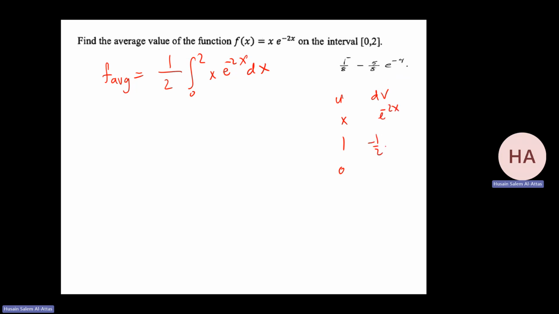That will be minus half e to the minus 2x and 1 over 4 e to the minus 2x, plus, negative, positive. That will give me what? Half times what? Times minus half x e to the minus 2x minus 1 over 4 e to the minus 2x, from 0 to 2.